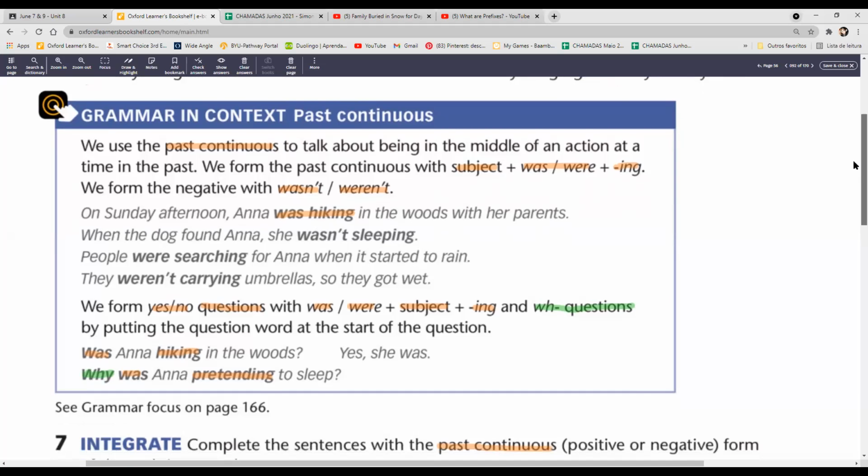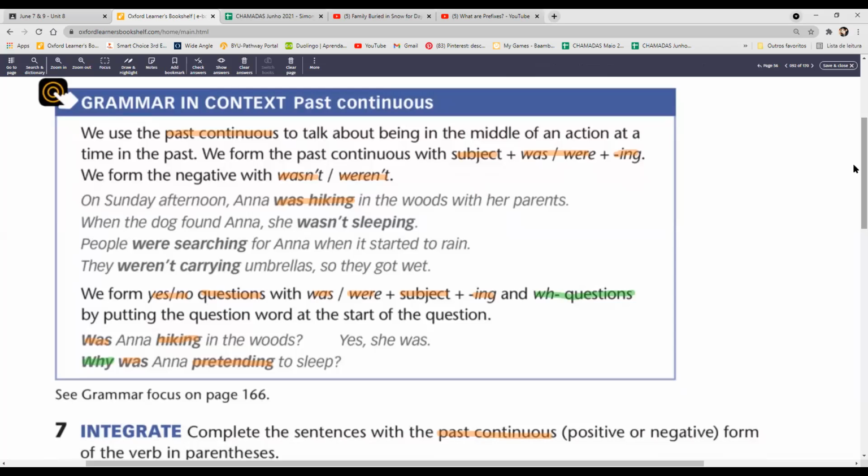So we use that a lot when we are describing what happened, when we are telling a story. So the past continuous is considered a narrative tense because we narrate things using the past continuous, okay?